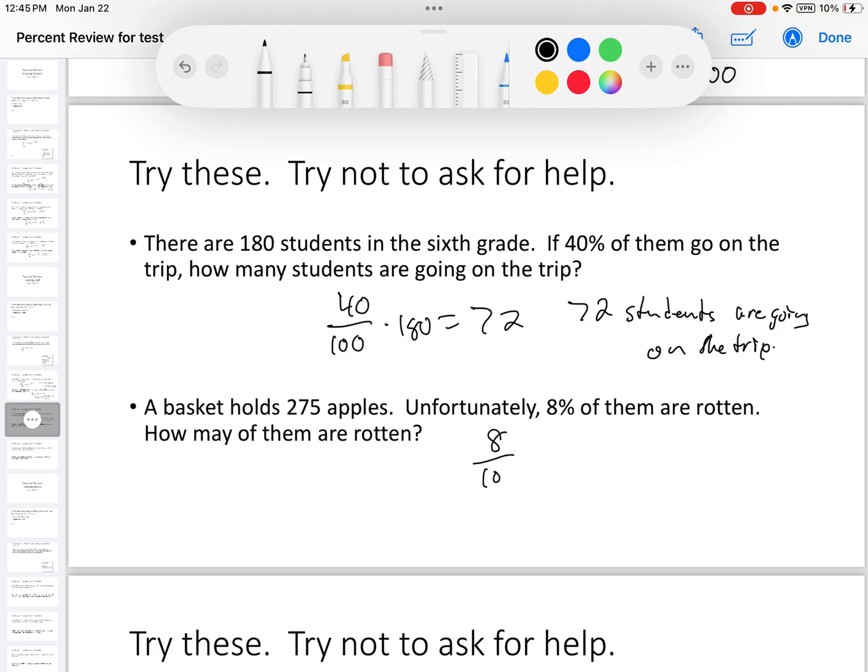8%, 8 out of 100 times 275. 8 divided by 100 times 275 is 22. 22 apples are rotten.